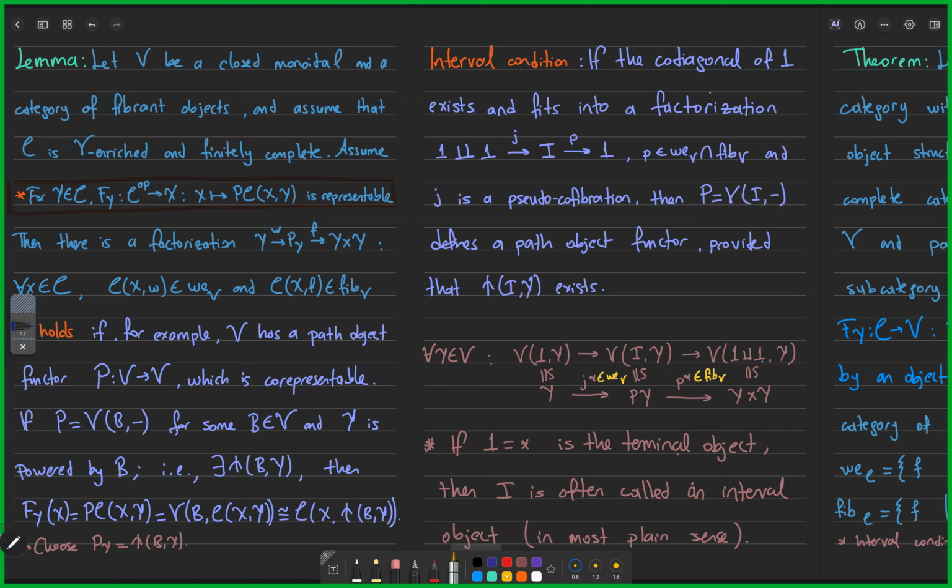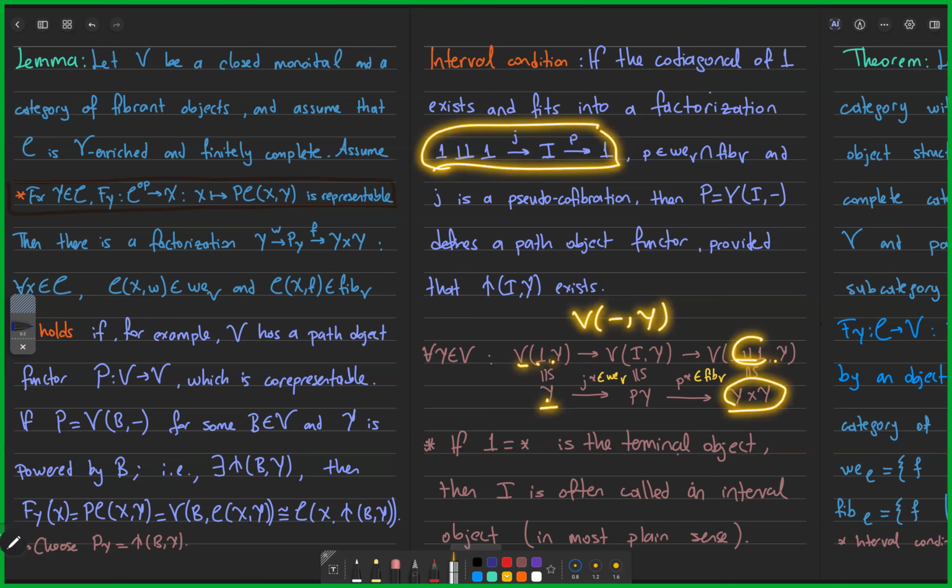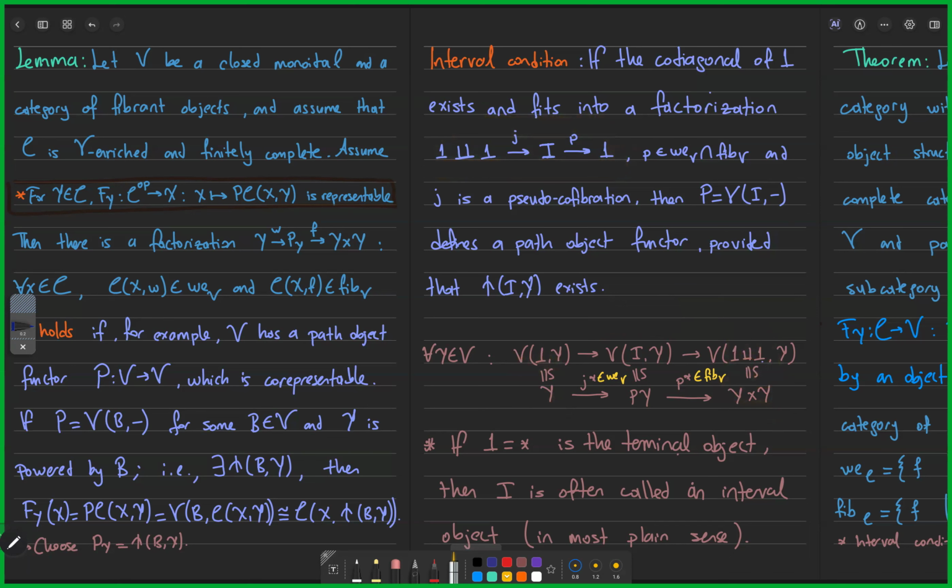In fact, if we just apply this with Y to this sequence, we obtain that 1 ⊗ Y is isomorphic to Y, and (1 coproduct 1) ⊗ Y is isomorphic to Y times Y, because this is the coproduct in the enriched case.